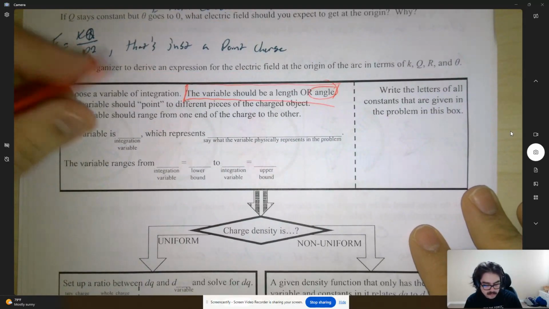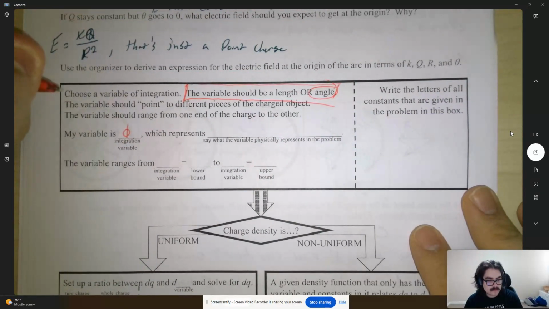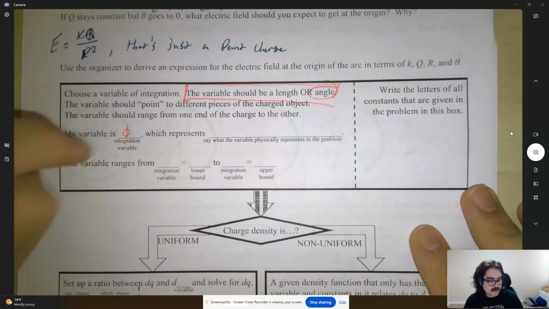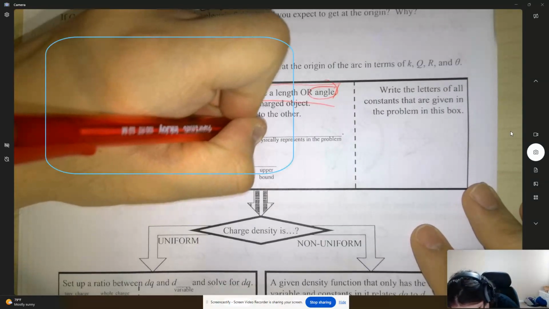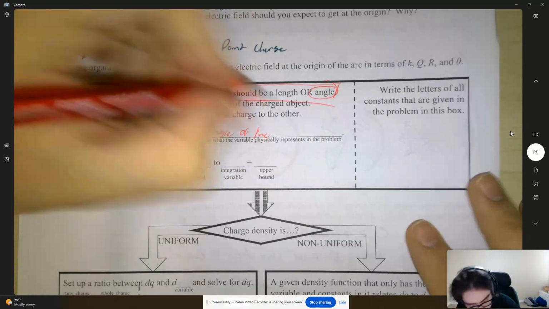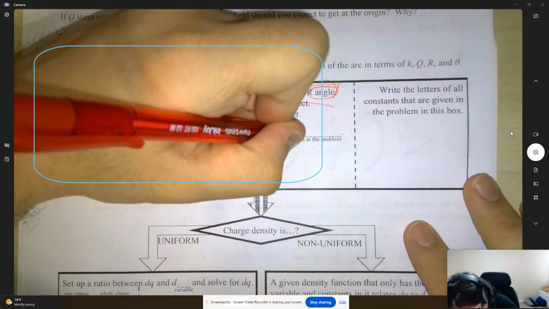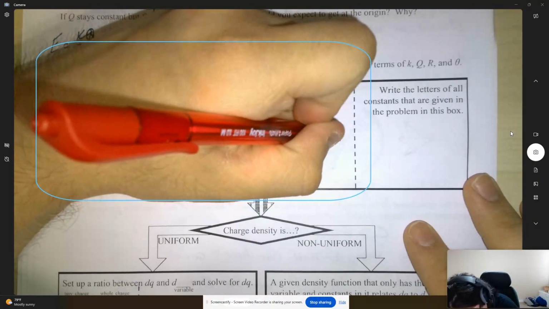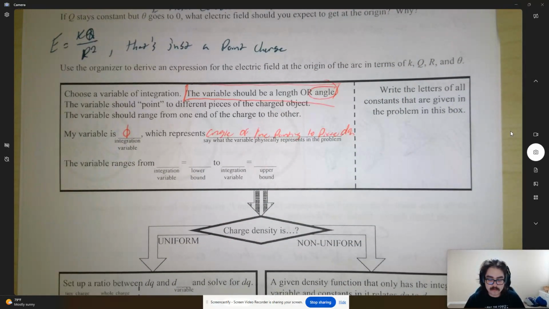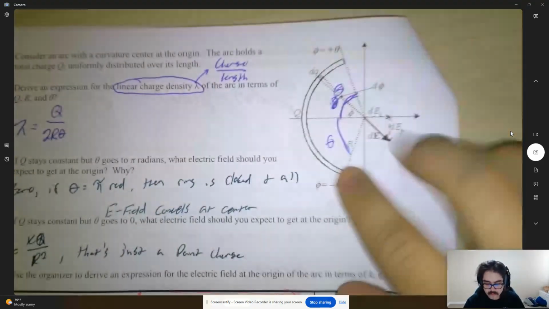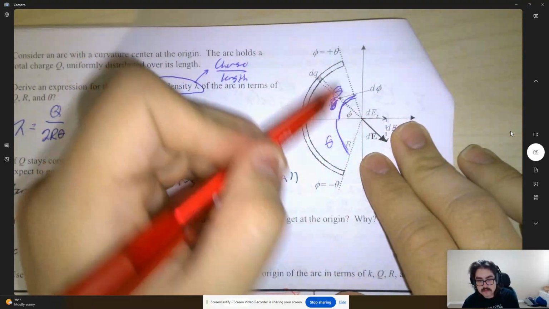I'm going to choose my variable to be phi, which is a new angle, and I'm going to have this represent the angle of a line pointing to piece dq. So we're going to basically have a line that goes from the origin and points to each of the pieces here.